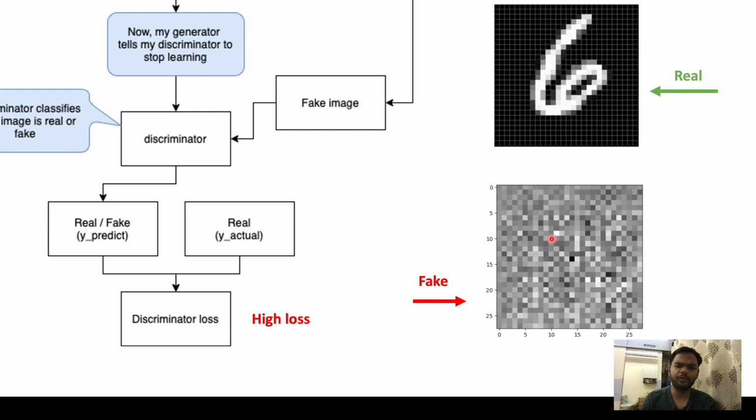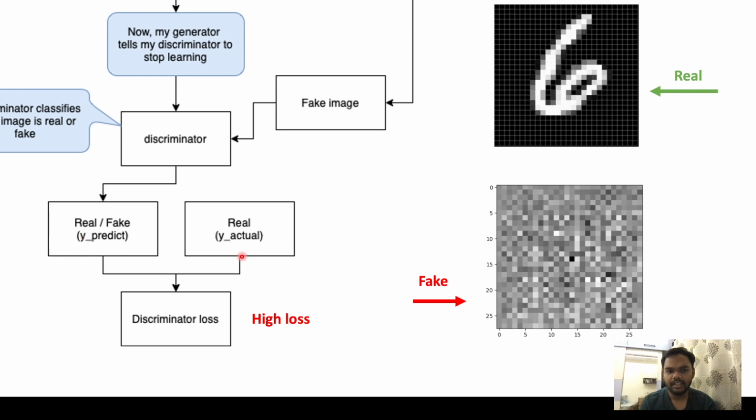If you look at them visually, you can easily identify that these are two completely different images. And since my discriminator has already learned how a real image and a fake image look like, it's going to give a very high loss value. My discriminator is going to say, hey, whatever input you have given to me is absolutely fake. So that's going to be my y predict.